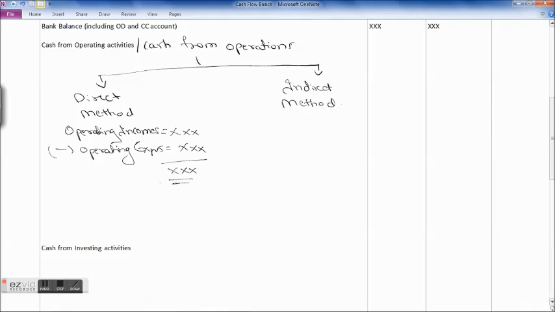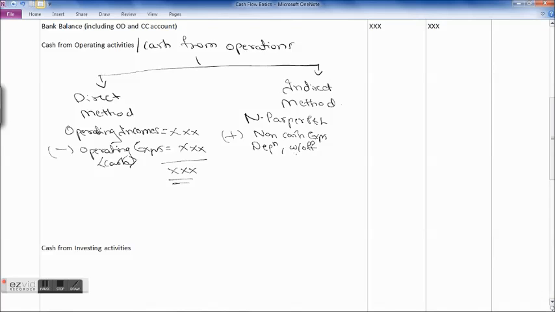Operating expense means you reduce all cash operating expenses from that. Now the indirect method: you take the net profit as per the P&L. Then you have to add all non-cash expenses, like depreciation or writing off of expenses, and so on.